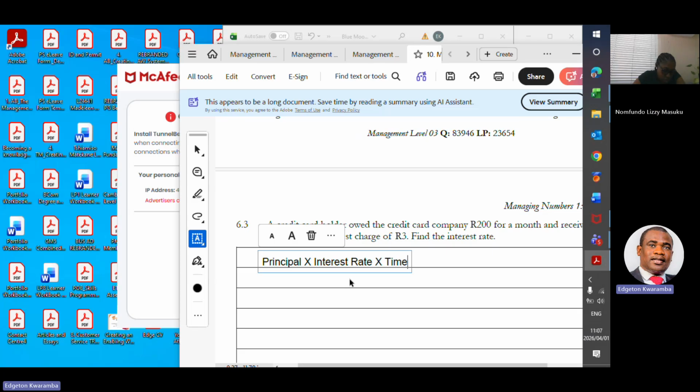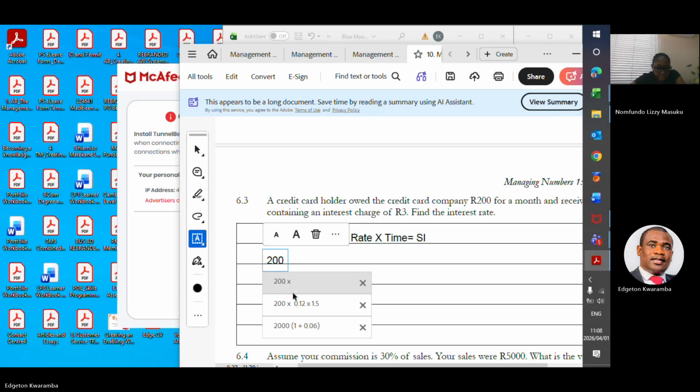So it's equal to, let me modify it, simple interest, SI. But this time, simple interest is given, and the principal is there, so the principal was 200 Rand. Times interest rate, that's what we don't have. Times time, did they say for a month?